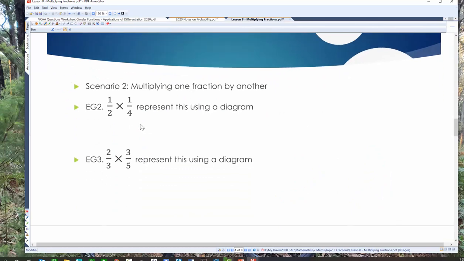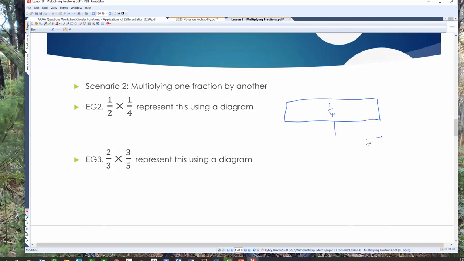All right, in this one we've got a half times a quarter. So this is essentially the same as half of a quarter. This diagram here represents a quarter. Now, what would be half of the quarter?